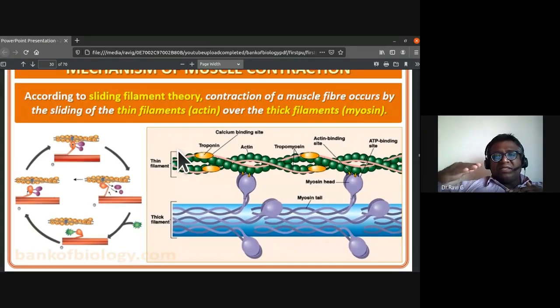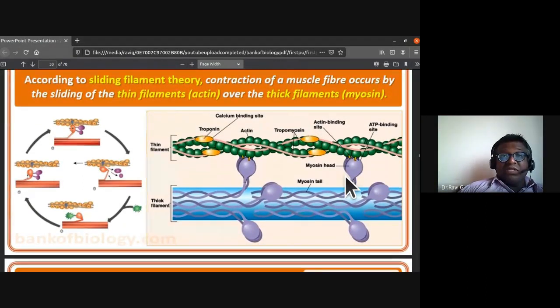Myosin remains as it is. Whenever there is this sliding, we call the theory the sliding filament theory.